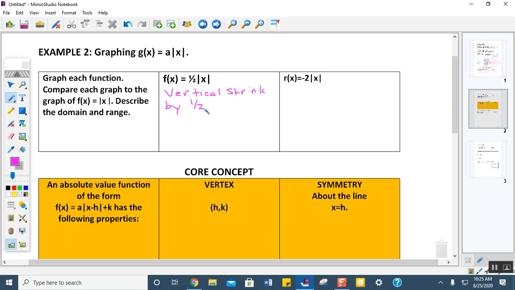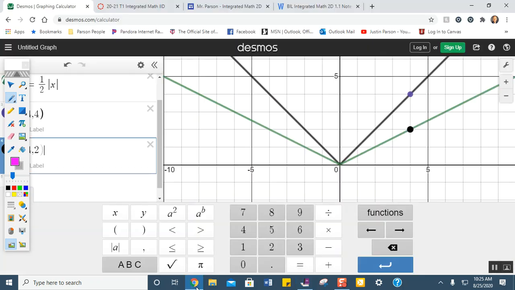And then again, your questions come up: what happens? Domain first, and then range. What are they? Again, I told you about the domain. The domain is always going to be, for any absolute value function, all real numbers. In this graph, it continues to go all the way to the left and all the way to the right. When you're talking about range, you're asking yourself, where is the vertex?